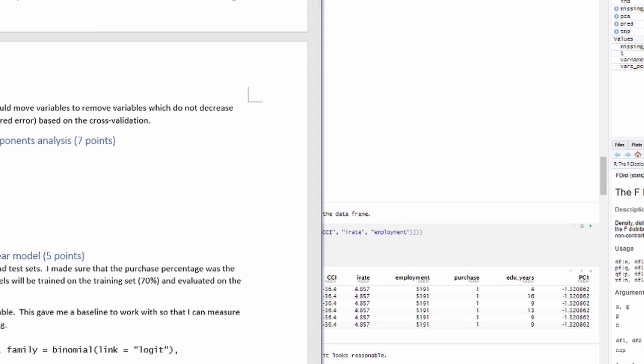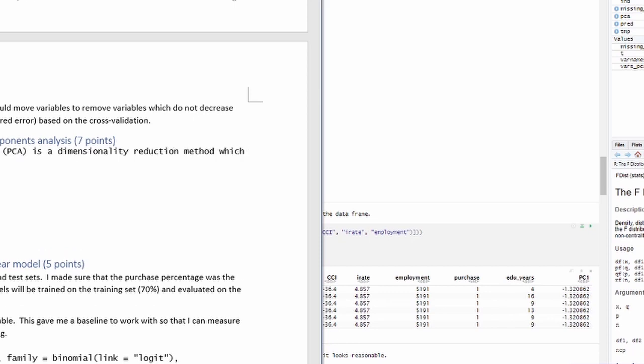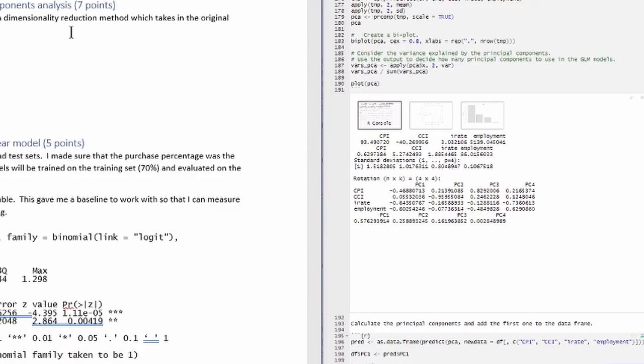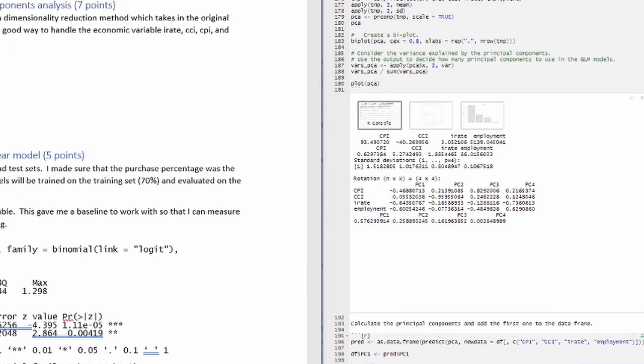So just say something like principal component analysis, PCA, is a dimensionality reduction method which takes in the original variables and simplifies them. PCA is a good way to handle the economic variables, I rate, CPI, and employment, because I saw from earlier that these are correlated.